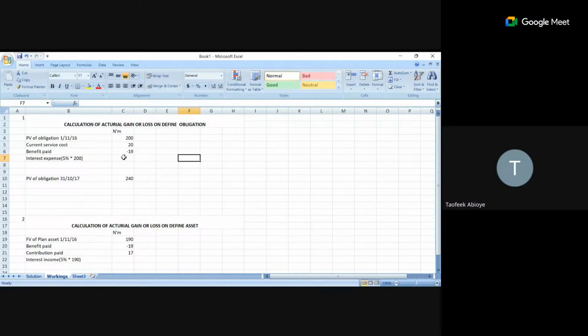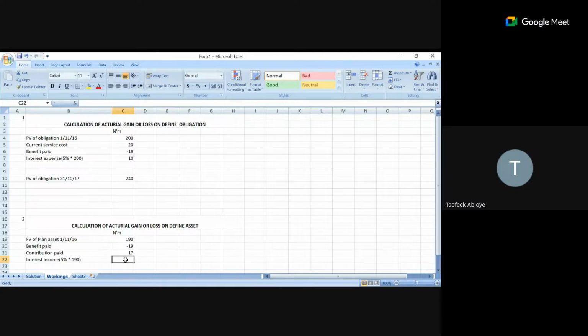So 5% of 200 is how much? Is it not 10? 10% is 20, so this one is 10. I know this one. But please tell me this one. I think it is 8.5. Let me check. 19 divided by 2 is 9.5.